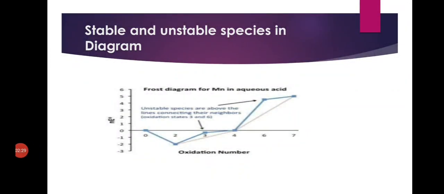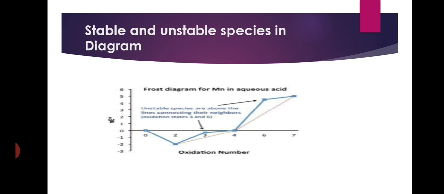As we saw in the diagram, oxidation state +2 is at the bottom, so it is a stable oxidation state, and 0 and +3 are in the upper part, so these are unstable oxidation states.